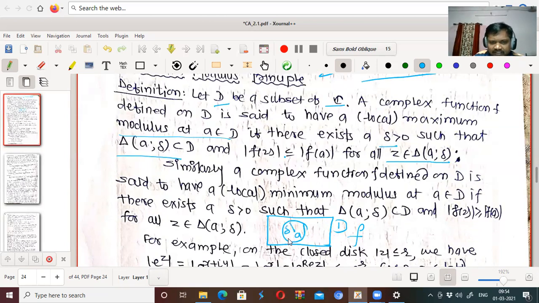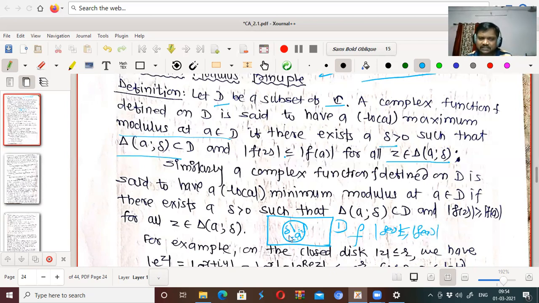So if I take any z, suppose z1, I obtain the value f of z1 and then its modulus. If I take some z2 belonging to this disk, then mod f of z2 is also less than or equal to mod f of a.